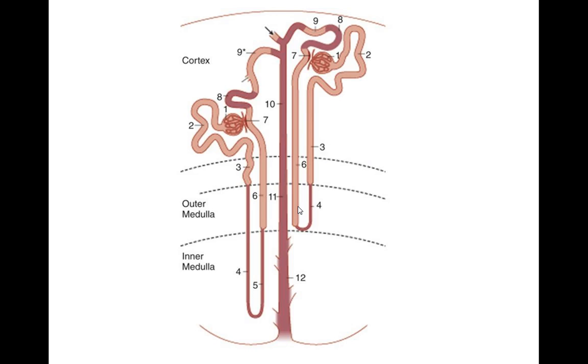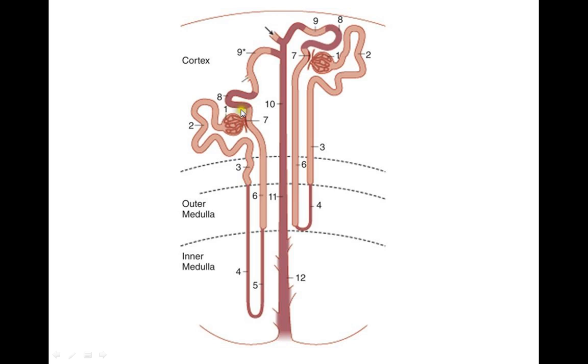Each nephron consists of two distinct parts. Part 1 is a globe-shaped structure, which you can see here with number 1.